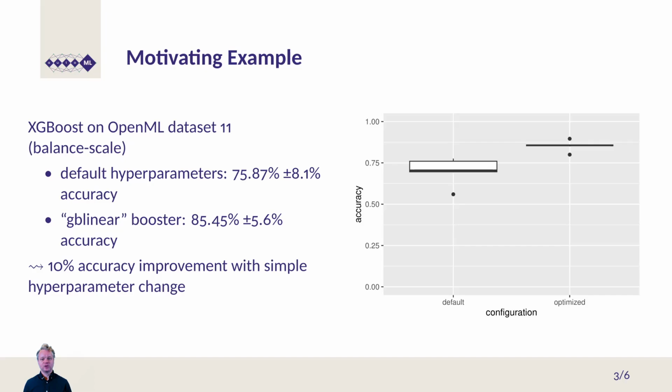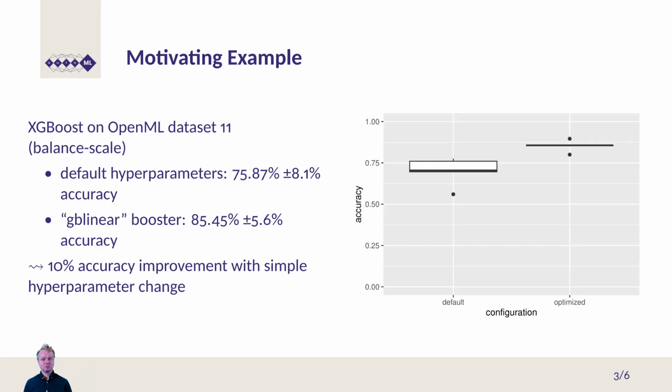And if I swap out the booster from the default GB tree to GB linear, then I get an accuracy of a little bit more than 85%, about 85.5%, with a standard deviation of 5.6%.